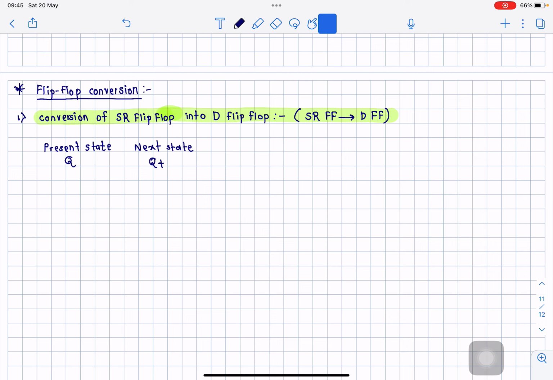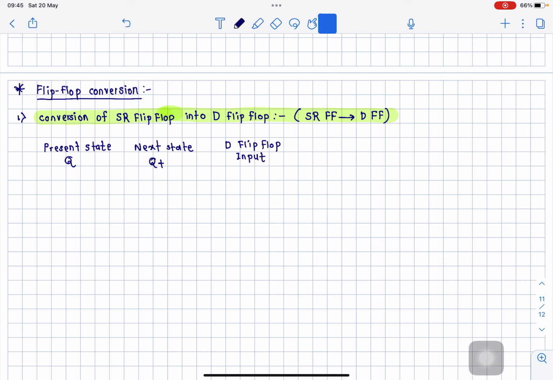Then the inputs of the flip-flop to which we want to convert are written over here. The flip-flop to which we want to convert is a D flip-flop, so this is the D flip-flop input.